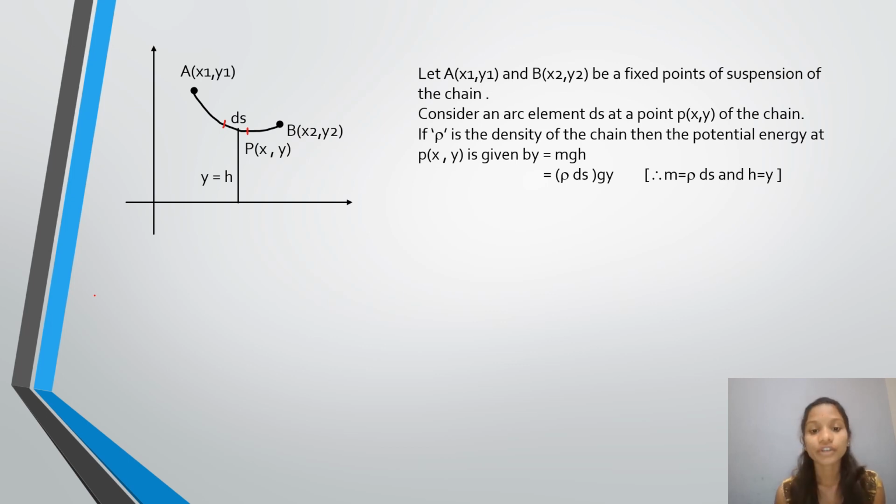If rho is the density of the chain, then the potential energy at P of (x, y) is given by mgh, where m equals rho into ds, g is gravity, and h is the height as we defined in our figure.